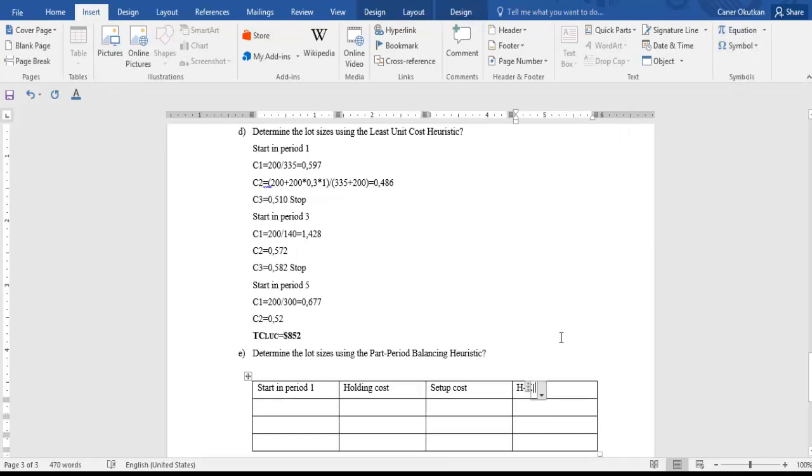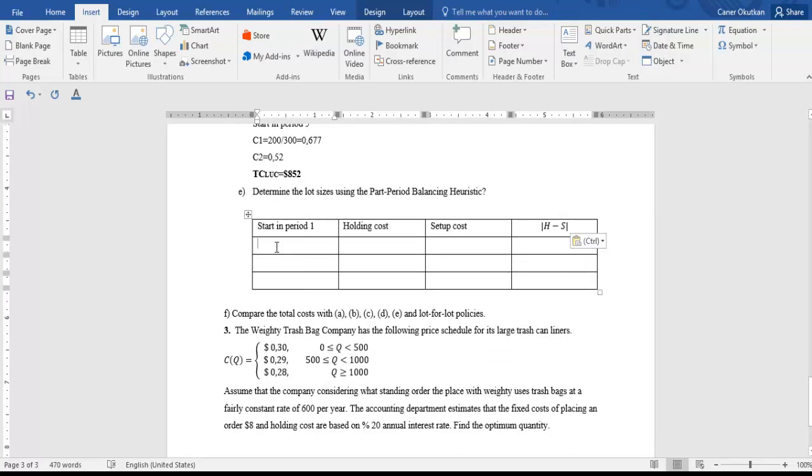Okay, holding cost minus setup cost. So we write here the roof of problem.